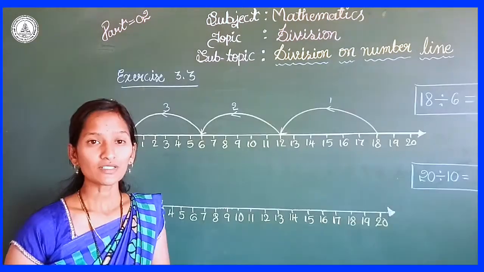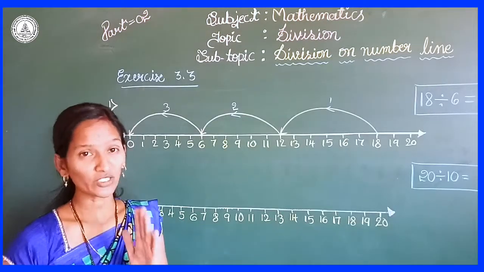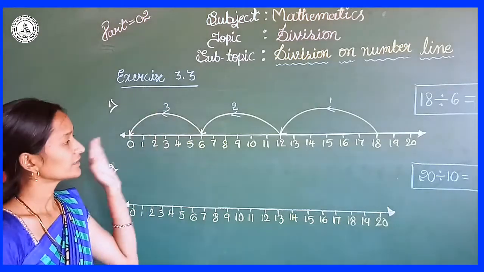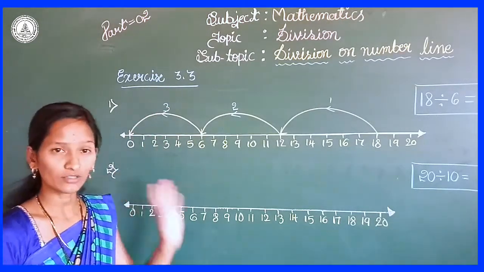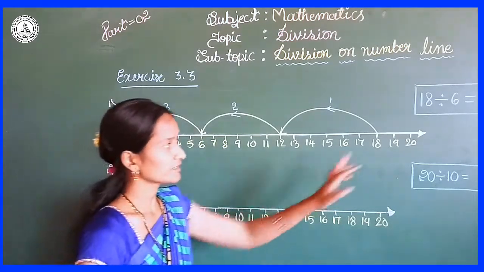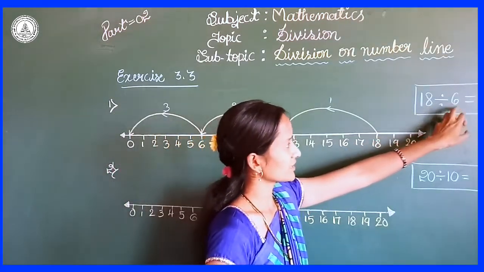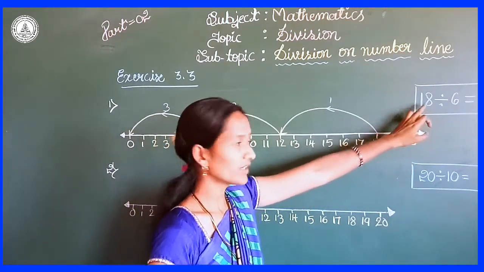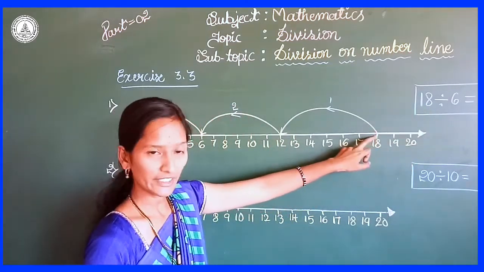Right? Students, come to exercise number 3.3. See here, this is exercise number 3.3. In that the first problem is already solved. See, once again I will explain it. The question is 18 divided by 6 is equal to dash. See here, 18 is a starting number. So they start from 18 here.